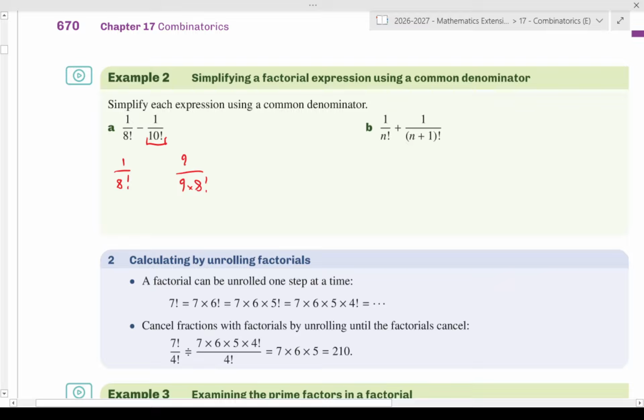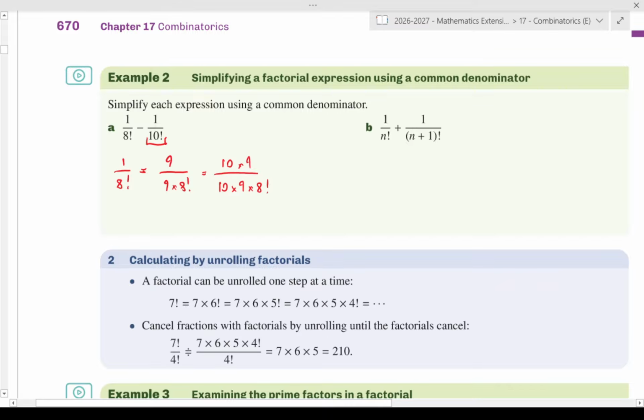Okay, does that make sense? Because the 9's cancel out and you'd be left with 1 over 8 factorial. Which means it could also be written as 10 times 9 over 10 times 9 times 8 factorial. Okay, because that 10 times 9 on the numerator and the denominator would both cancel out and you'd be left with 1 over 8 factorial. I hope that makes sense.